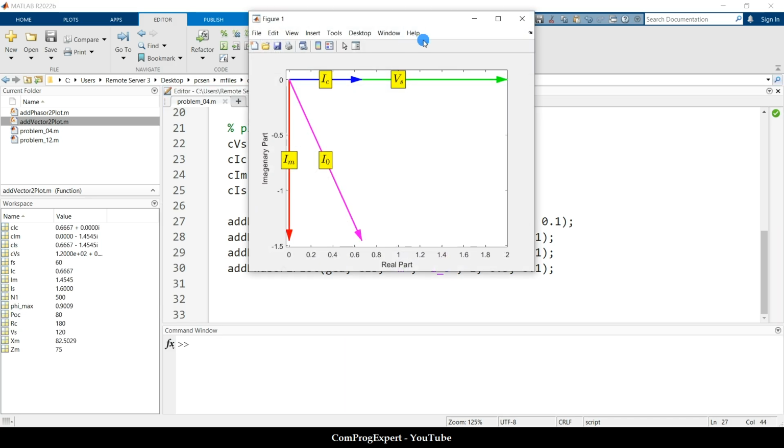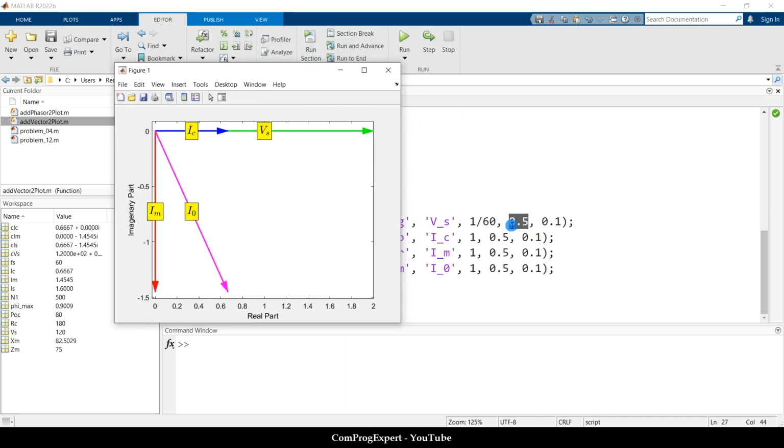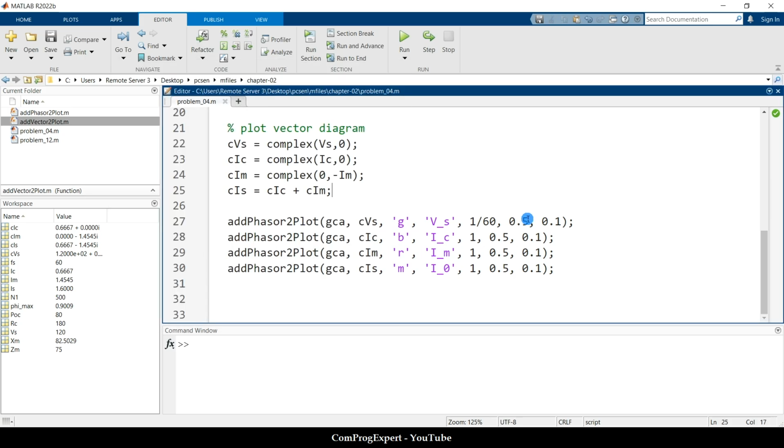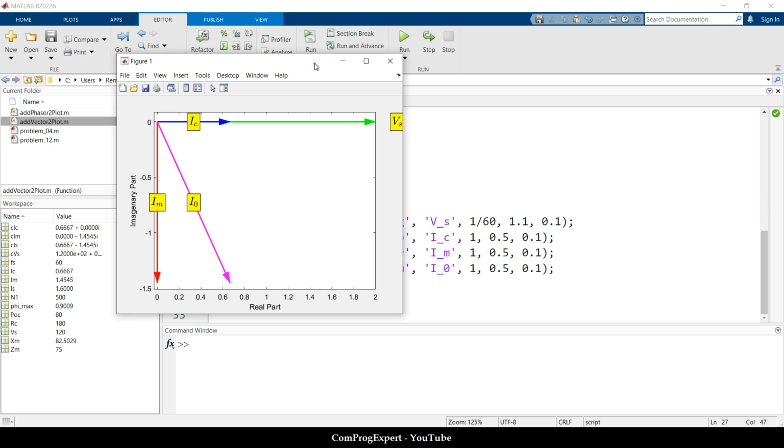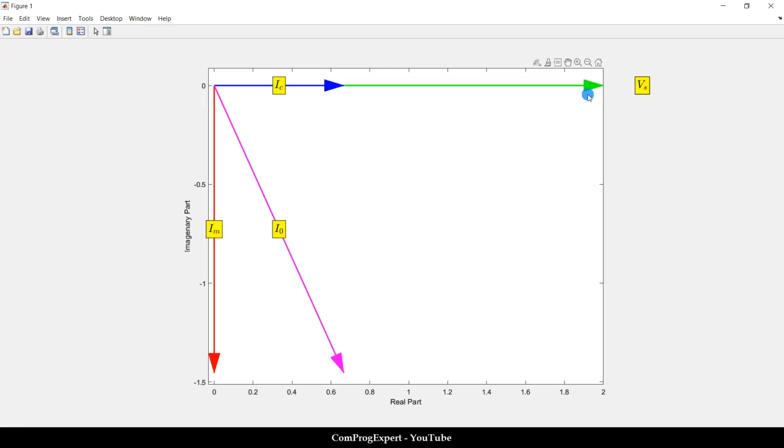If I run the code, when I consider this equal to 0.5, this tag is in the middle of the phasor. If I write it equal to 1.1 or a higher number, I can shift the position of the tag. So in this case, the tag is here. When we consider 0.5, it is in the middle.